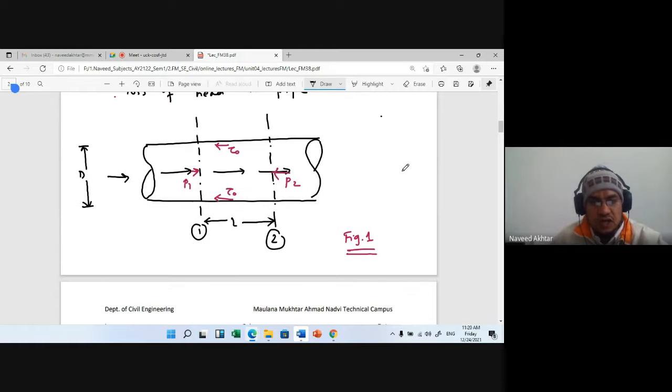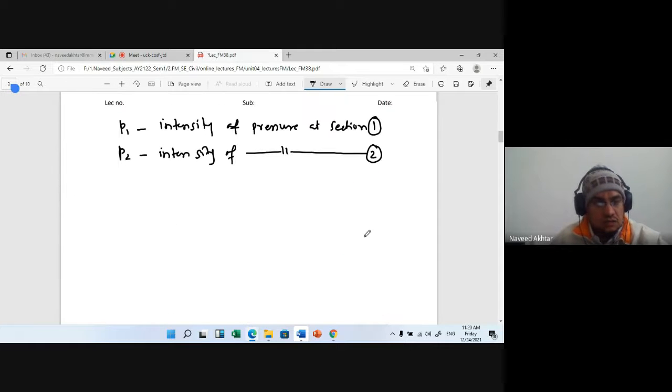and L is the distance between section 1 and section 2.